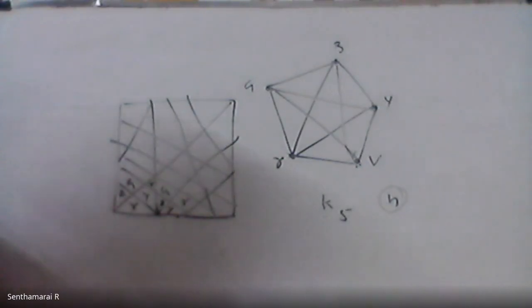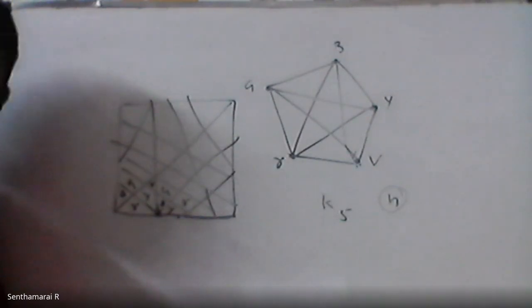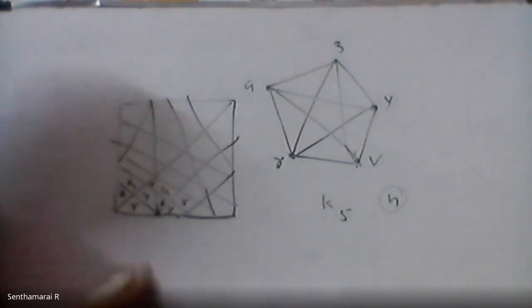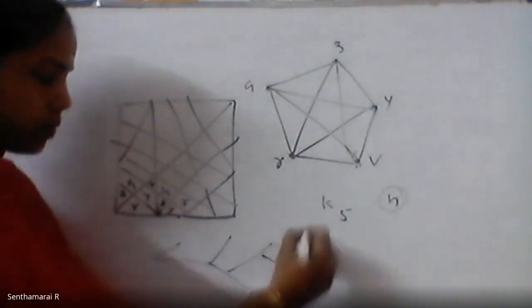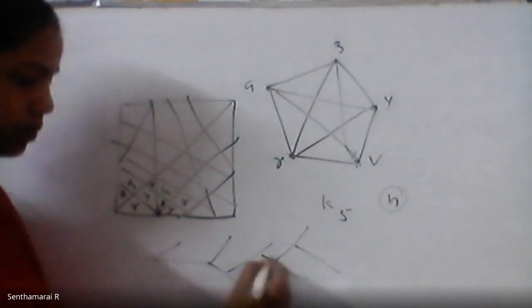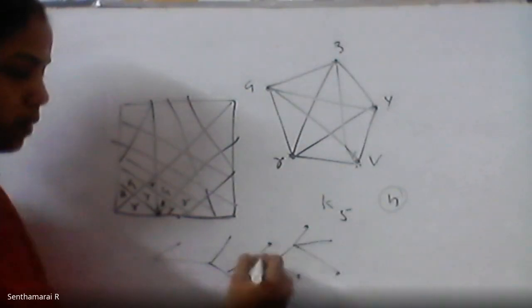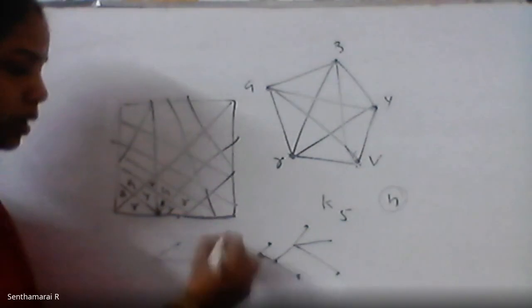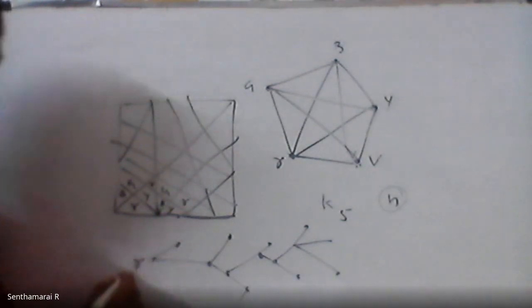One more thing, a tree always needs a maximum of 2 colors. Any tree you can draw needs a maximum of 2 colors. Suppose I started here with red.